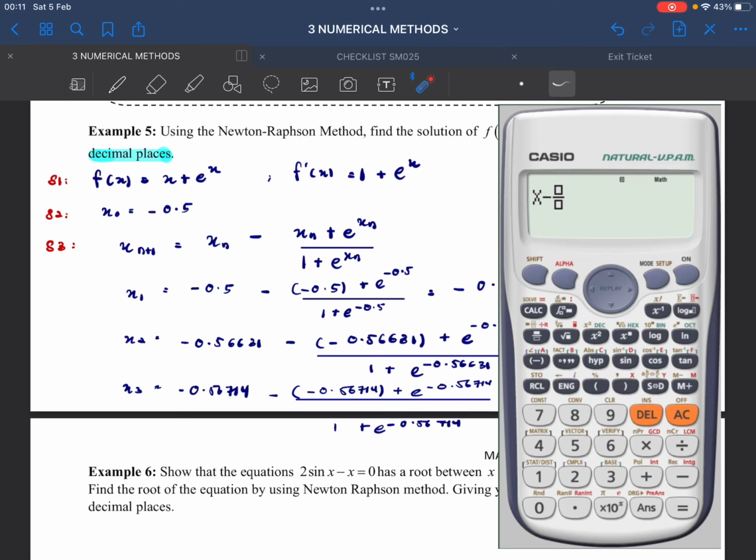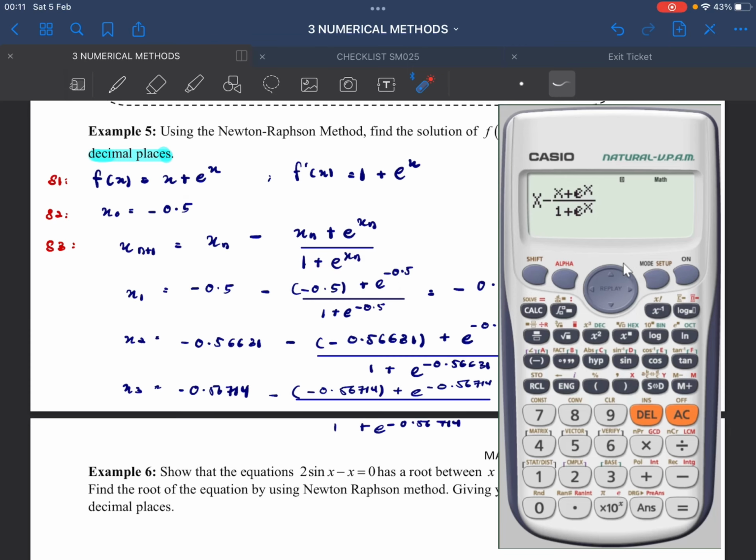The numerator is your f(x), so write x plus exponent to the power of x. The denominator is your f prime(x): 1 plus exponent power x. Now we have the formula.